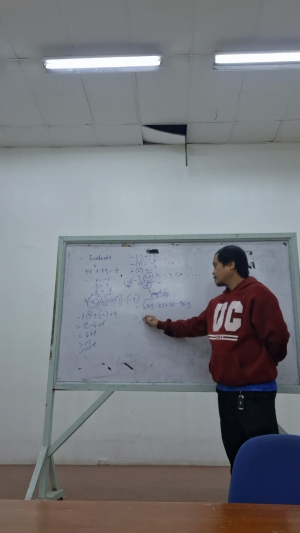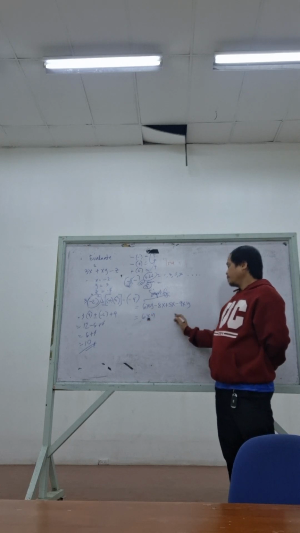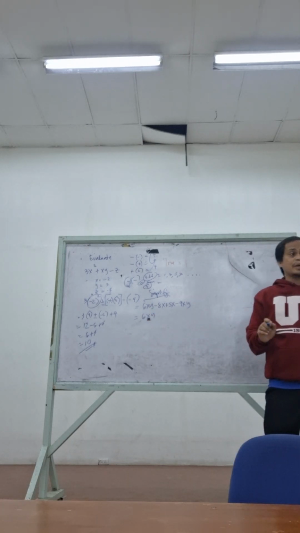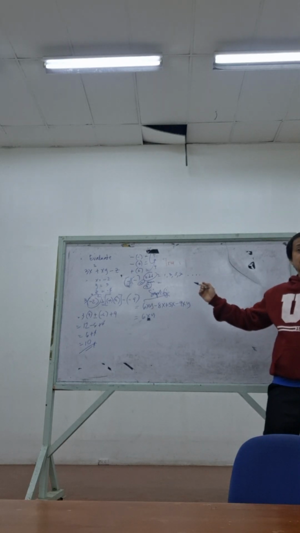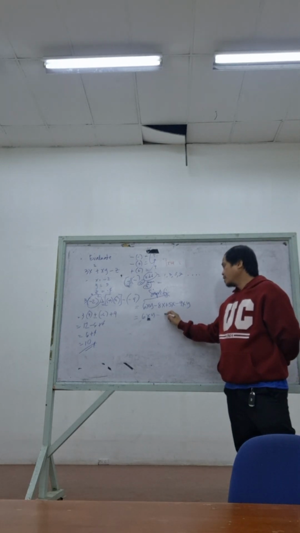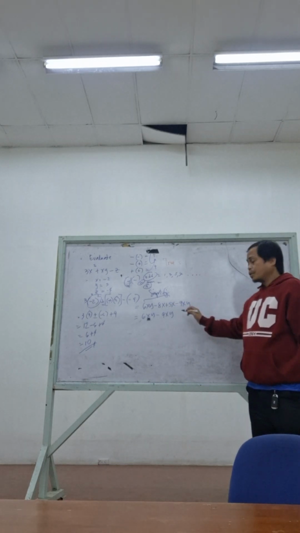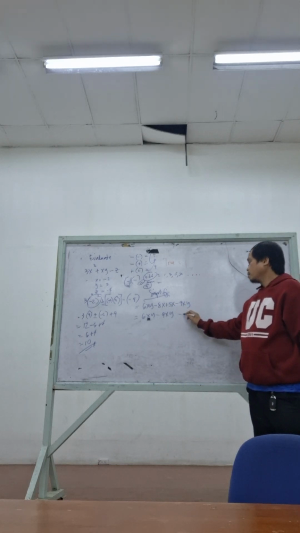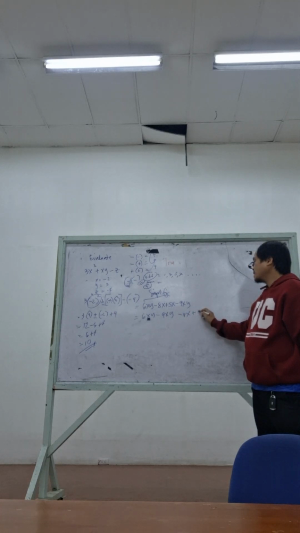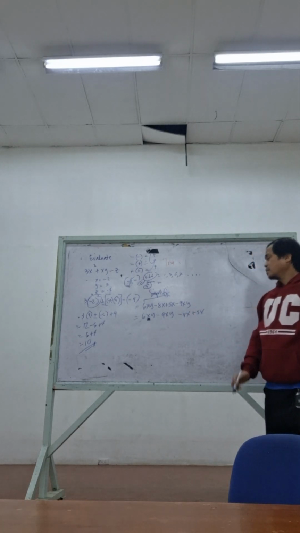So we're going to copy 6xy. Then, of course, you copy the operation beside the expression. Then we have here minus 9xy. Then you continue. We have here minus 8x plus 5x.